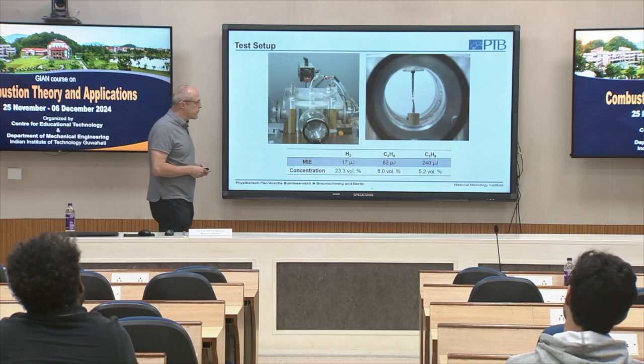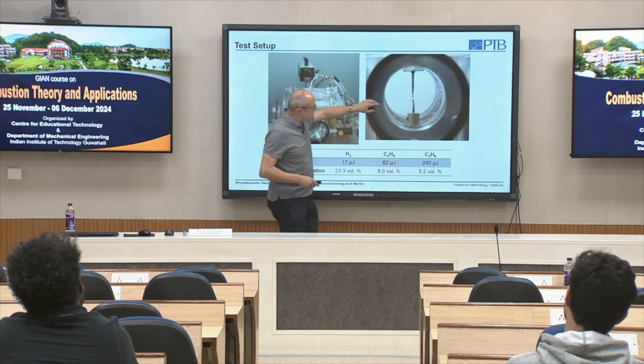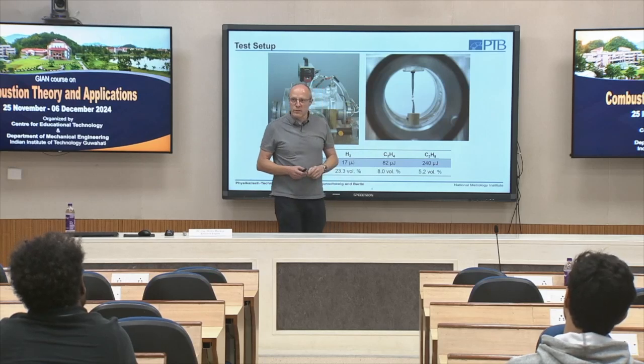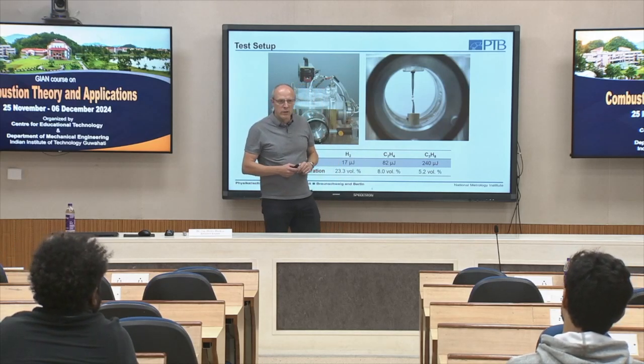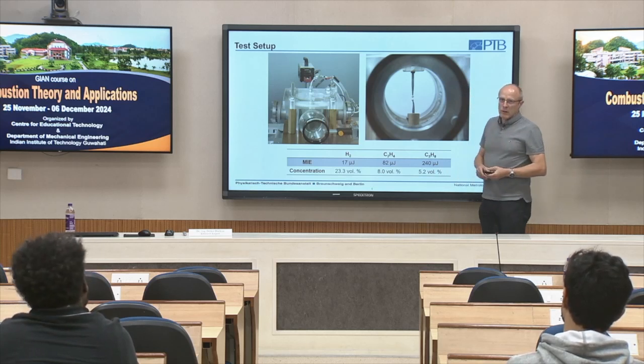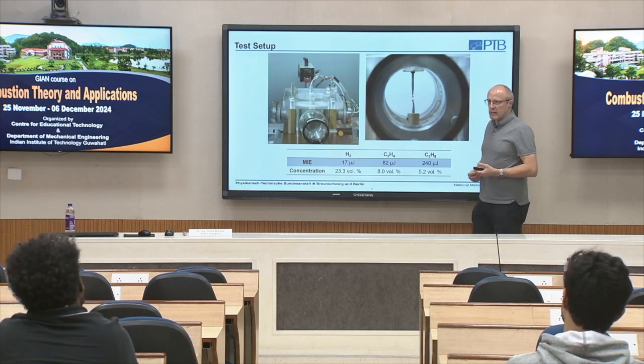So when we look into the system here, you see we have our electrodes. We have now used them in top-down configuration. We can also rotate them by 90 degrees, so this has no significant influence on the ignition process.